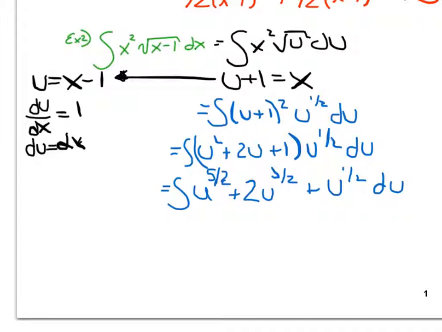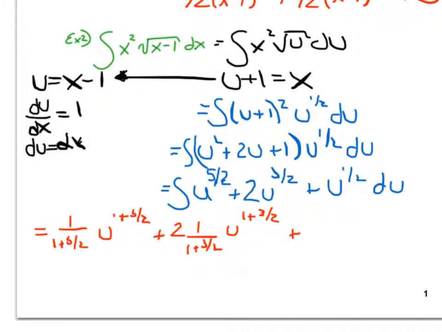So when I integrate, I'm going to move my work down over here. I end up with 1 over 1 plus 5 over 2 u to the 1 plus 5 over 2, plus 2 times 1 over 1 plus 3 over 2 u to the 1 plus 3 over 2, plus 1 over 1 plus 1/2 u to the 1 plus 1/2.